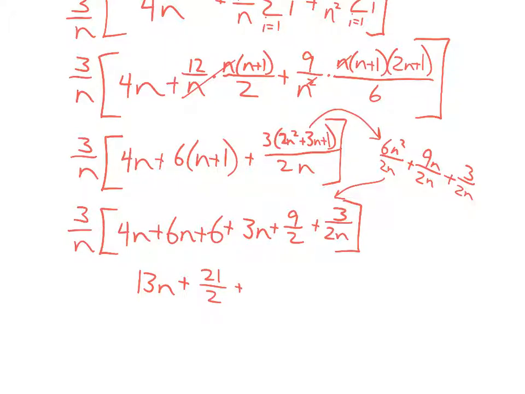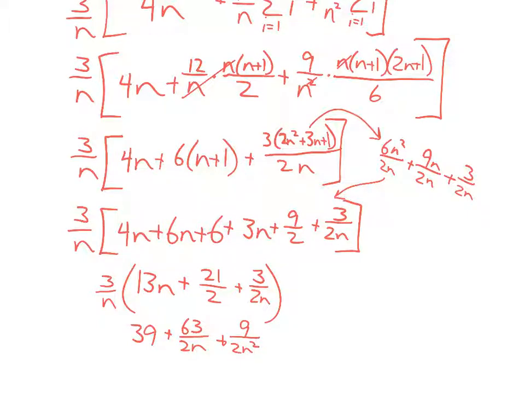And then that's a 3 over 2n. And I am multiplying that by 3 over n. Now notice here, when I do that, I'm going to have 39, and the n's will cancel out, plus 63 over 2n, plus 9 over 2n squared. And that is finally simplified.